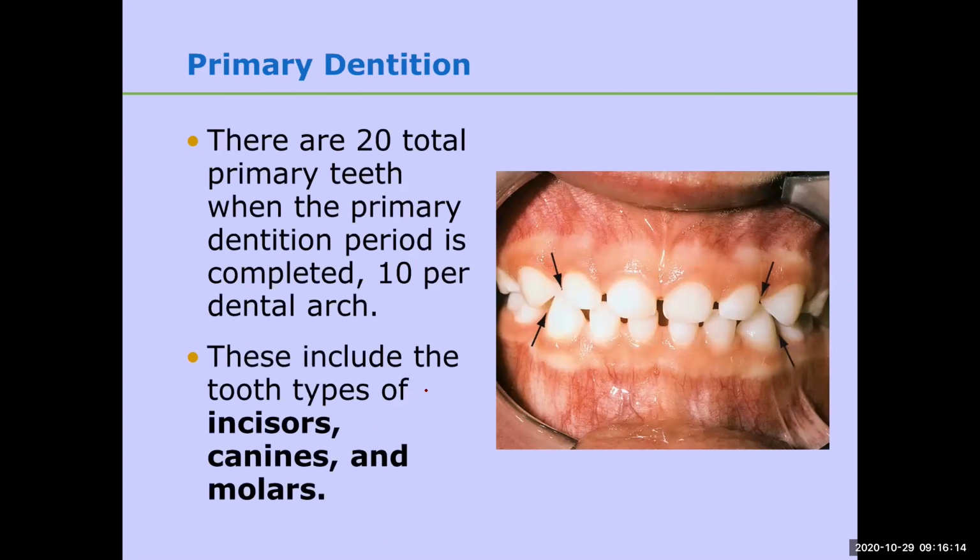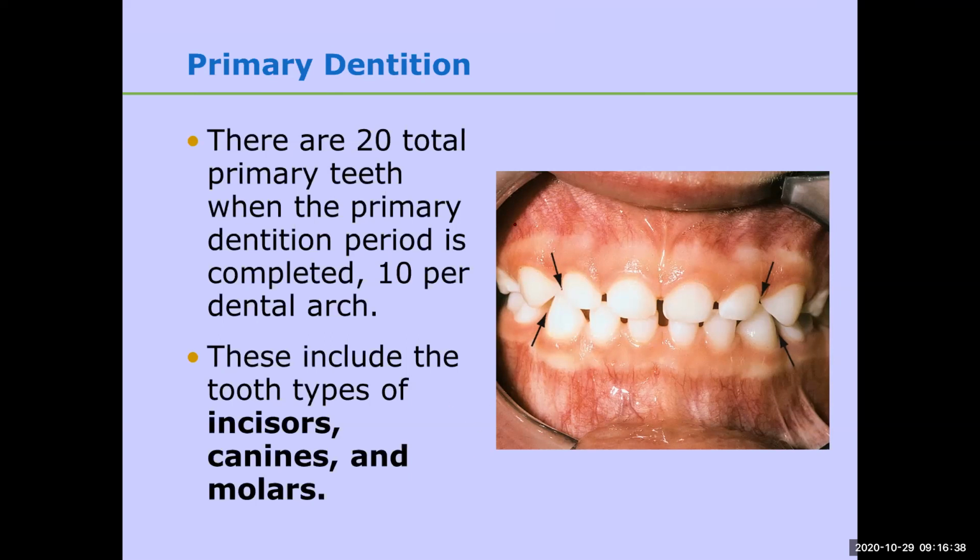There are 20 deciduous teeth or primary teeth in the primary dentition, 10 teeth per arch, 10 on top, 10 on the bottom. And they include different classes or types of teeth. So you've got incisors, canines, and molars. So what is missing? The premolars.